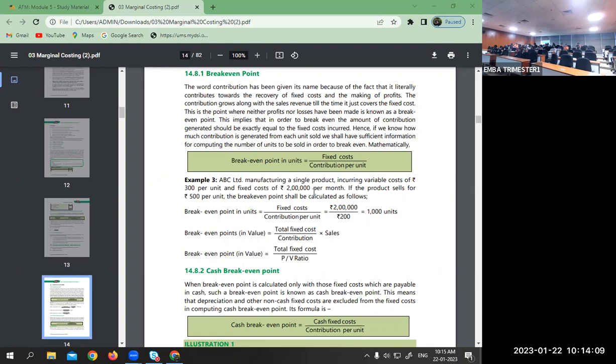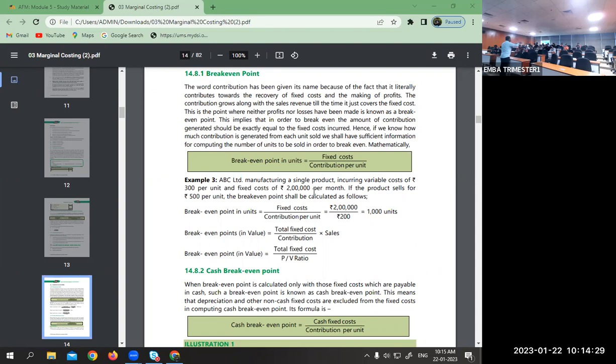You can simply understand this logic. See, what is break-even point? Fixed cost should be equal to contribution. Suppose in my company, fixed cost is 10,000 rupees. Contribution per unit is 1 rupee.